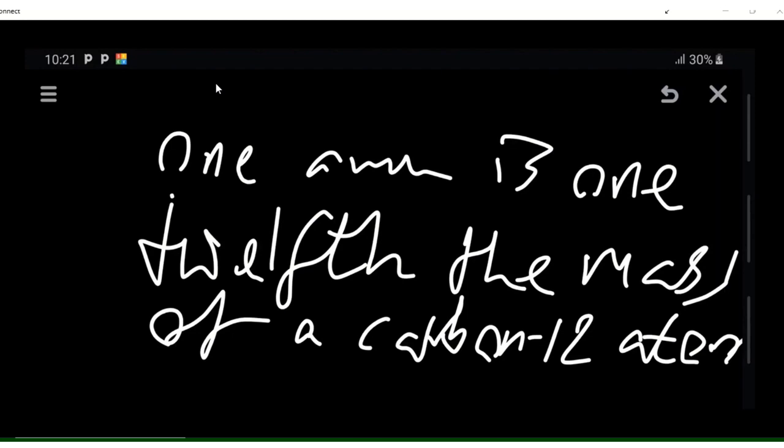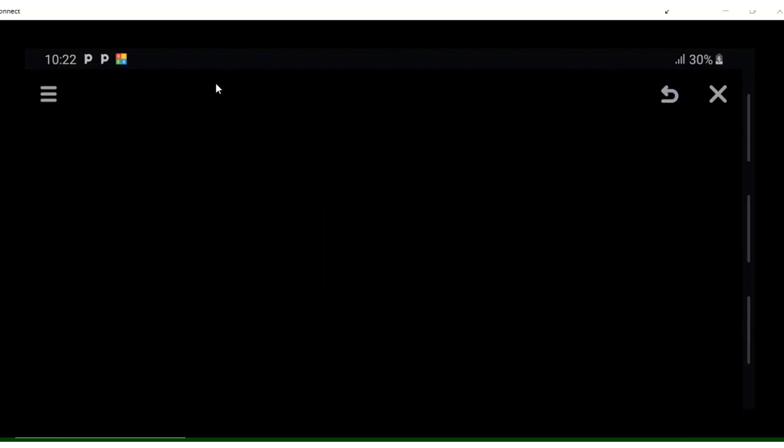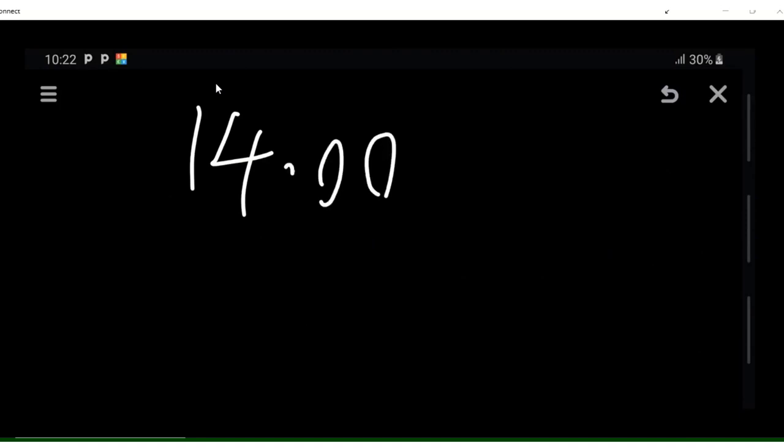Right. So the decimal numbers on the periodic table are atomic masses in AMU. For example, this is nitrogen, 14.007.